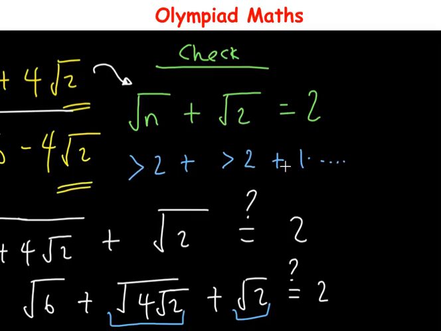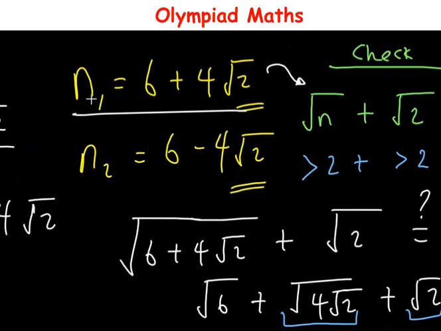Now if you add this up, you will get a value that will not be up to 2, in fact greater than 2. Okay, so this means that without wasting time, the value of n1 right here is not the correct solution for the value of n. Now let us test out that of n2, which equals 6 minus 4 root 2.